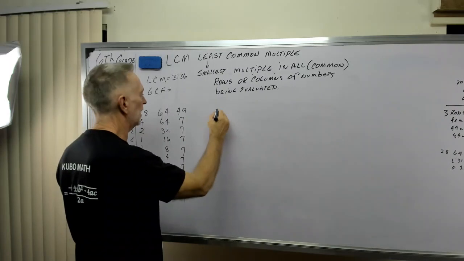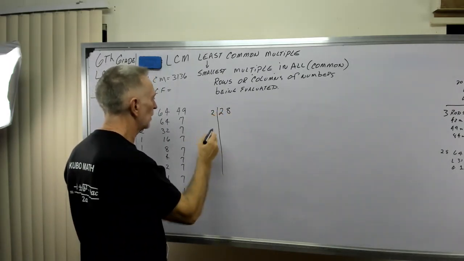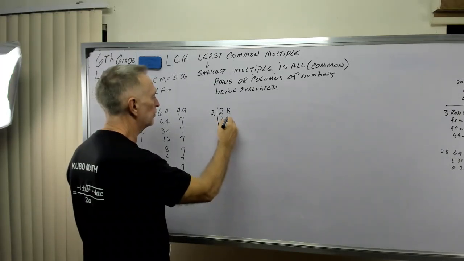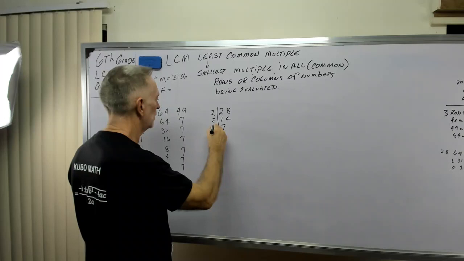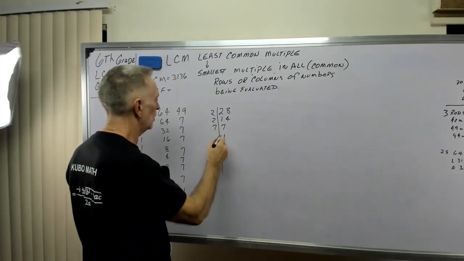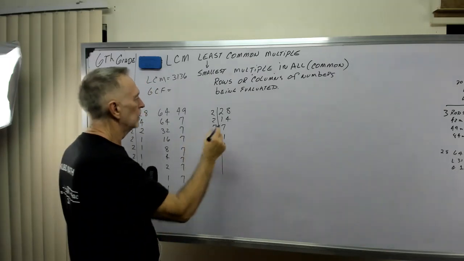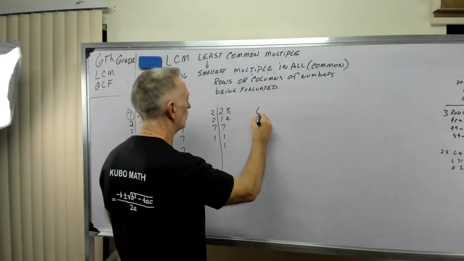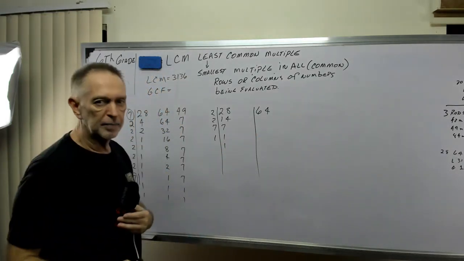Greatest common factor. Let's look at 28. We're going to look at each one individually. 28 divided by 2 is 14. 14 divided by 2 is 7. 7 divided by 7 is 1. 1 divided by 1 is 1. Okay? All right, 64. And by the way, spread this out on your paper.